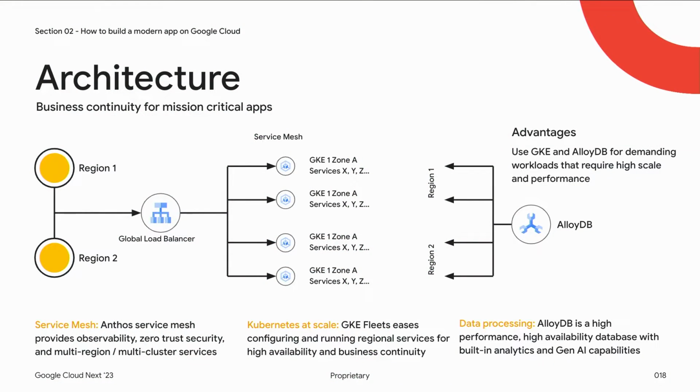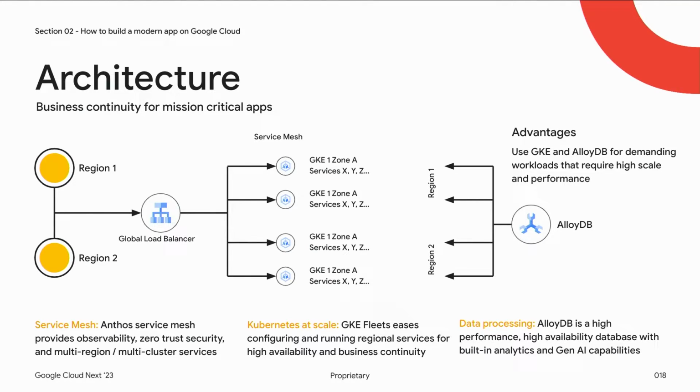You want to make sure that the services powering these types of applications meet those standards. A typical architecture could be something like this. If you have a mission-critical app, a lot of these applications are not single region bound. They are multi-region in nature, so you would deploy services that can support multi-region applications. They also sometimes have different traffic, so if you have a load balancer up front, you can direct your traffic based on the proximity of your users to each of the data centers that we have.